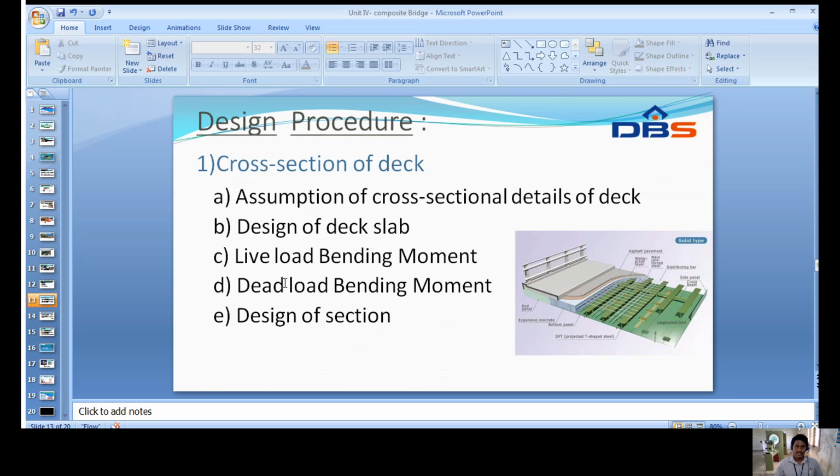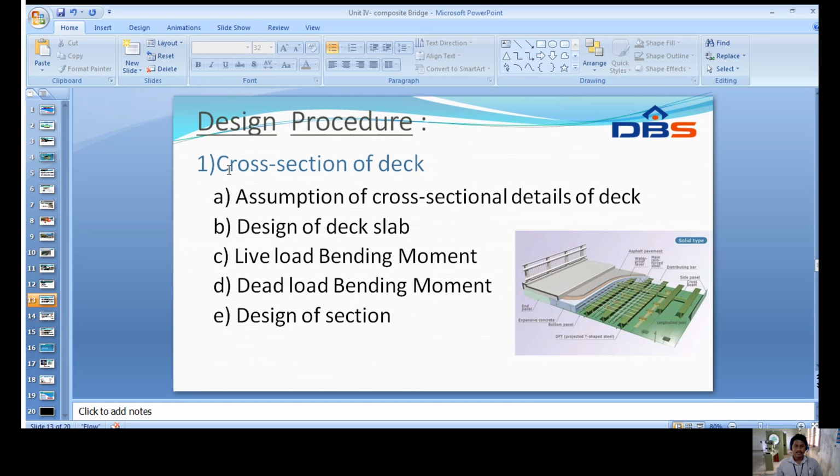If you want to design a composite deck bridge, what is the design procedure? What should we follow, and what are the steps? First, we have to design the cross section of the deck.